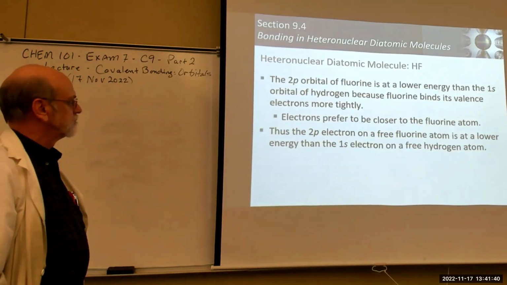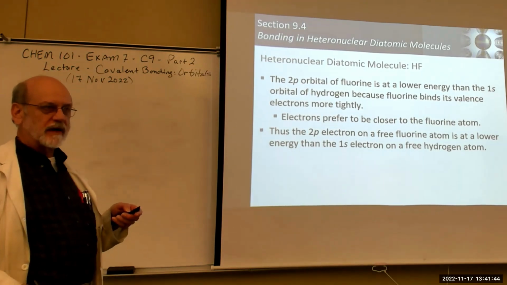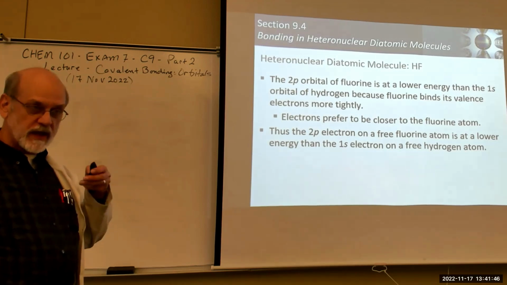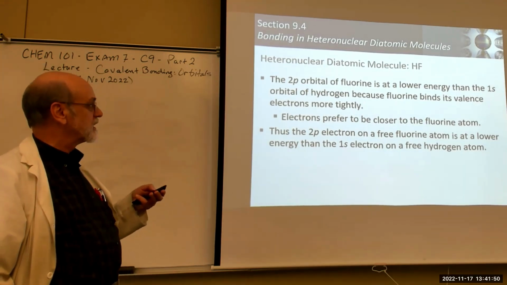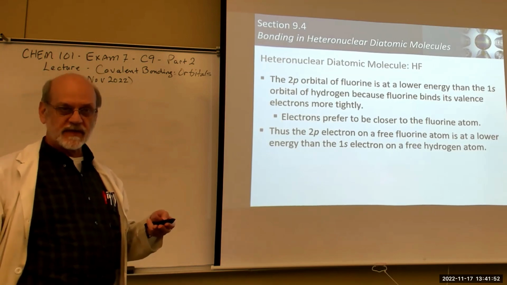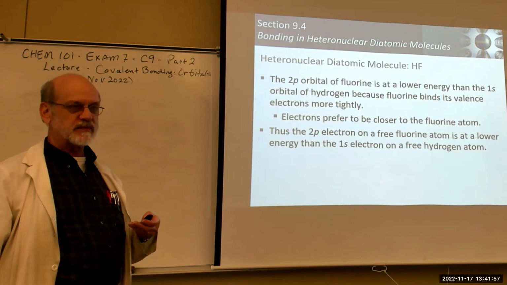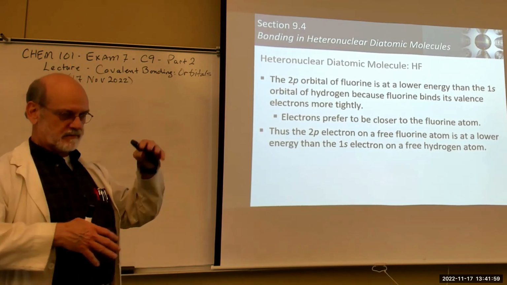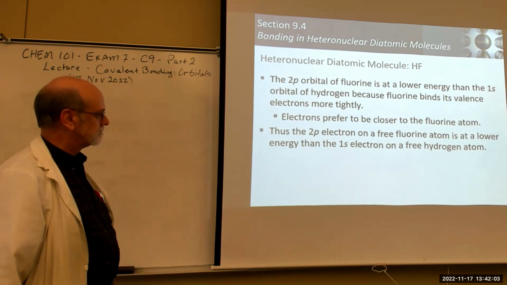Okay, so here's another one, HF, hydrogen fluoride. In this case, we have to mix 2 p's with 1 s from the hydrogen. So there we have no choice. The molecular orbitals have to mix disparate principal quantum numbers.